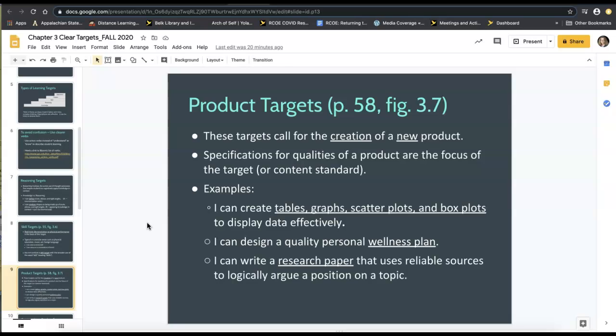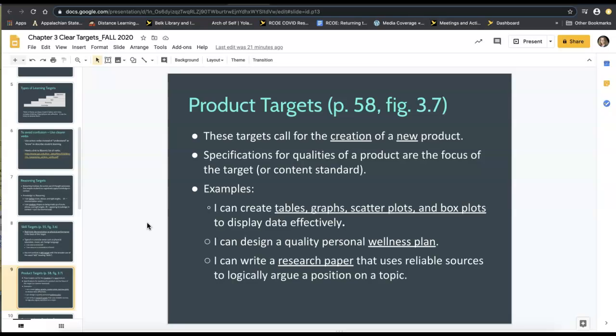And then the last kind that they touch on are product targets, and these involve creating something new. In math, that could be creating tables, graphs, and scatter plots. In PE, that could be creating a wellness plan. Or in English language arts or social studies, that might be creating a research paper.